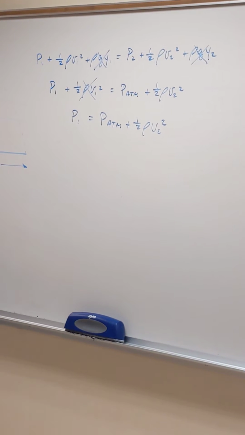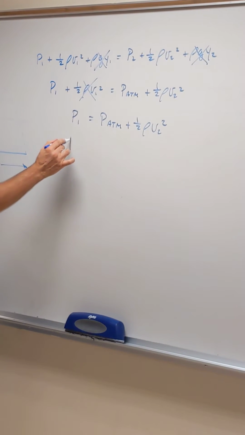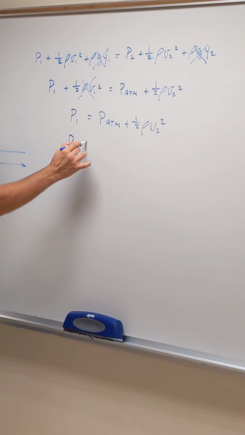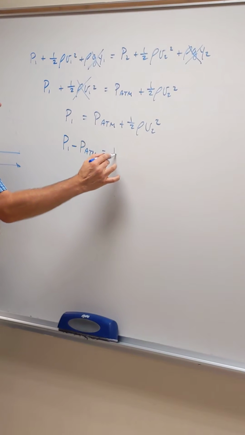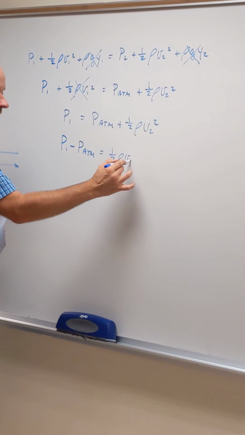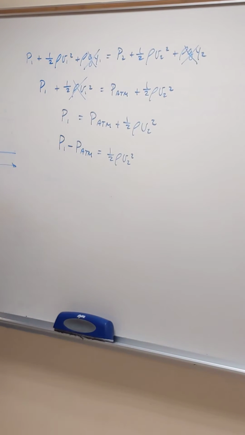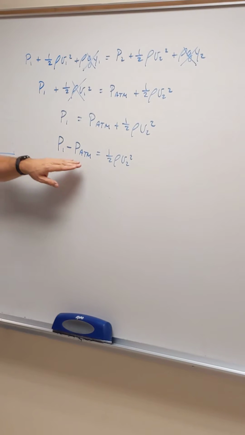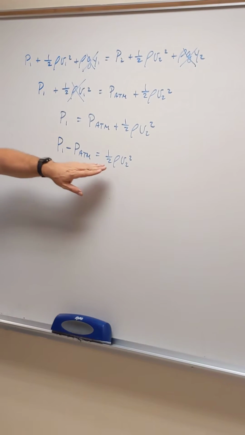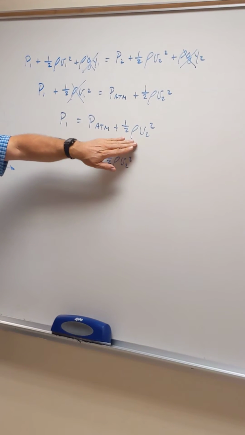So think about what they're asking for. They're actually asking you to find this value. Typically, gauge pressure is due to difference in position, rho g h, but in this case it's not. Remember, this is the amount above atmospheric that we're looking for.